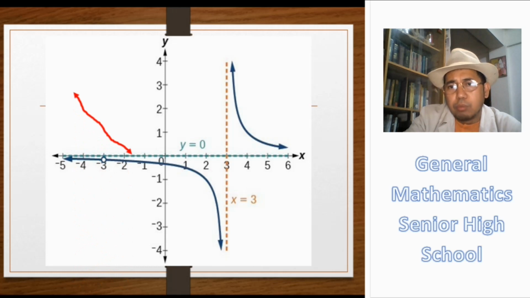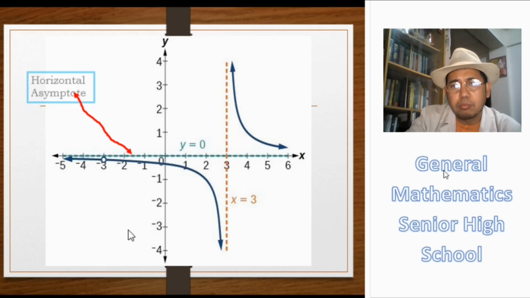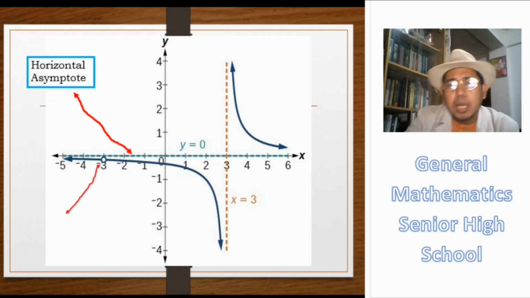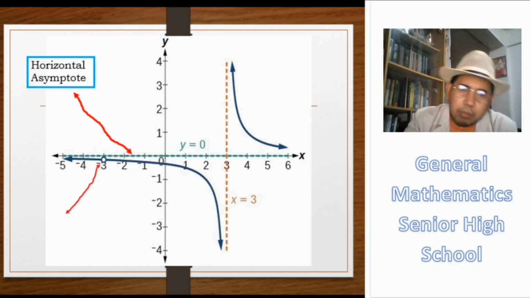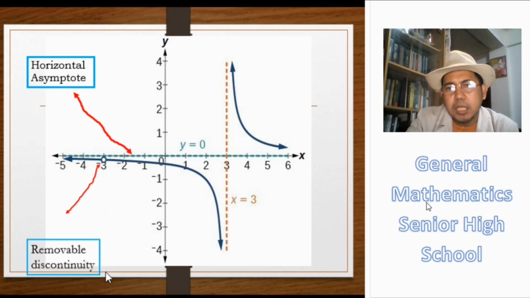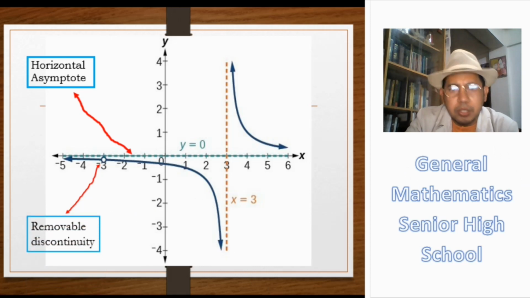So, the blue broken line is called to be the horizontal asymptote. And the hole in here, which will probably disconnect the graph, is named as removable discontinuity.